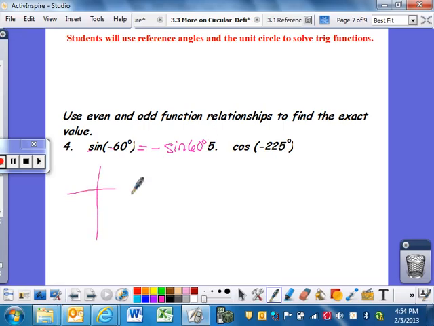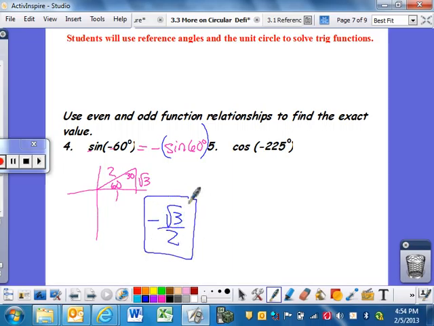So the 60 degree angle, I know that I have pi over 3, 2, 1. You basically get rid of the whole idea of forgetting negatives. You just got to know that the actual sine of 60 degrees is going to be root 3 over 2. I just need to change the sign. So it's going to be negative square root of 3 over 2.